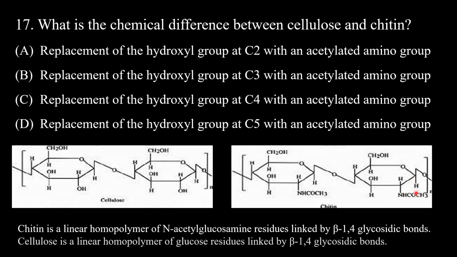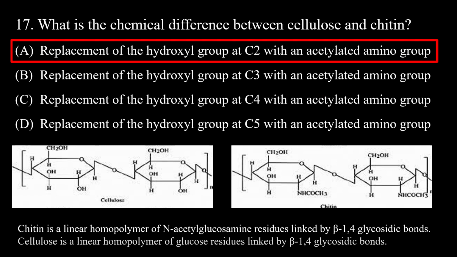So the right option is that cellulose and chitin are similar, but the difference is that cellulose has simple glucose structure, while in chitin, at carbon number 2, the acetylated amino group is attached. So the right option for this question is replacement of hydroxyl group at carbon 2 with an acetylated amino group.